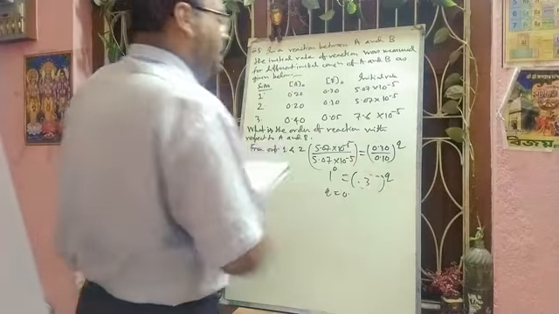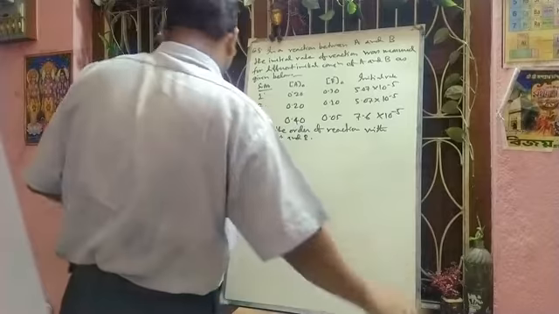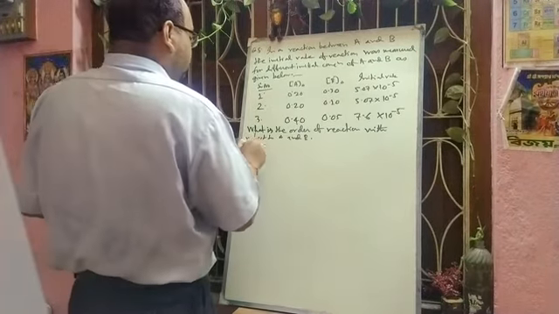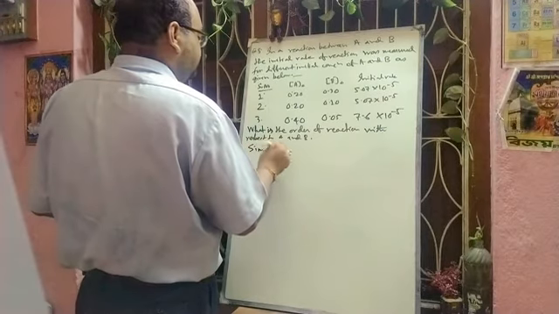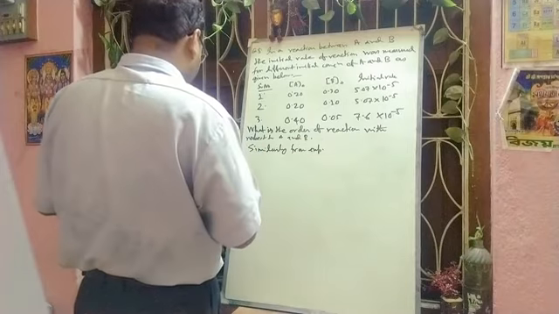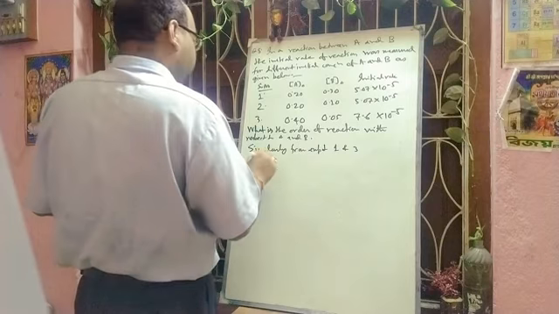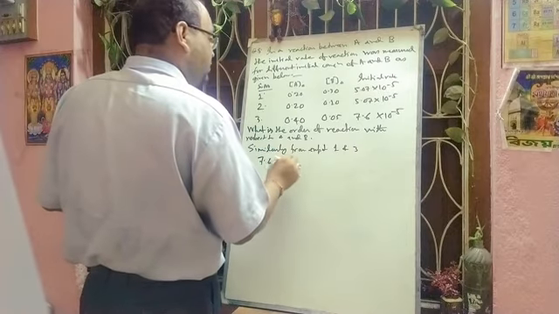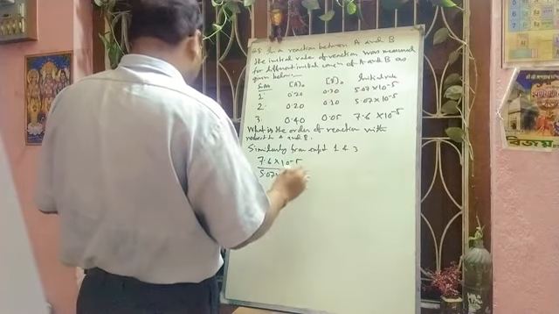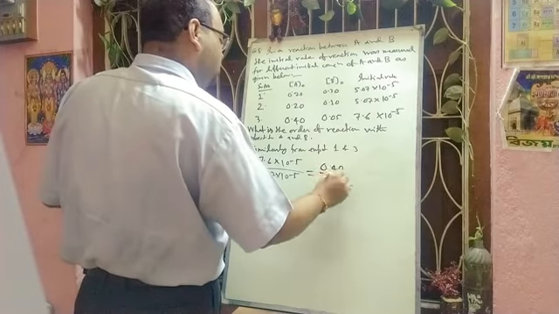Similarly from experiment 1 and 3, that is 7.6 into 10 to the power minus 5 divided by 5.07 into 10 to the power minus 5 will be equal to 0.40 divided by 0.20 to the power p.